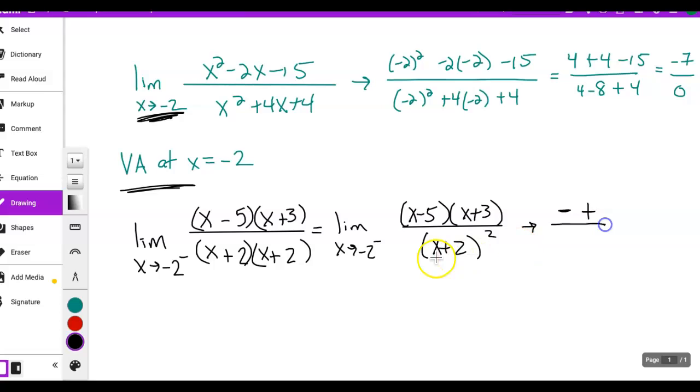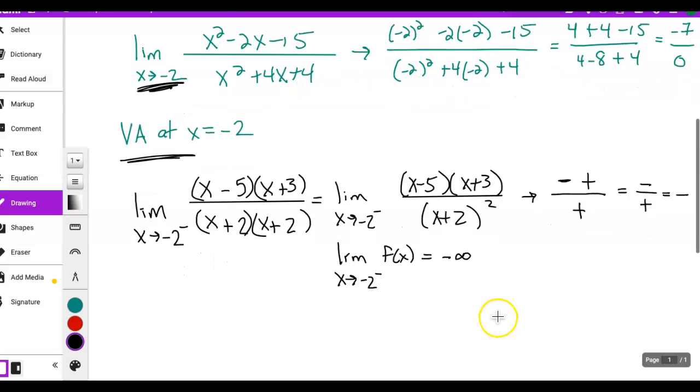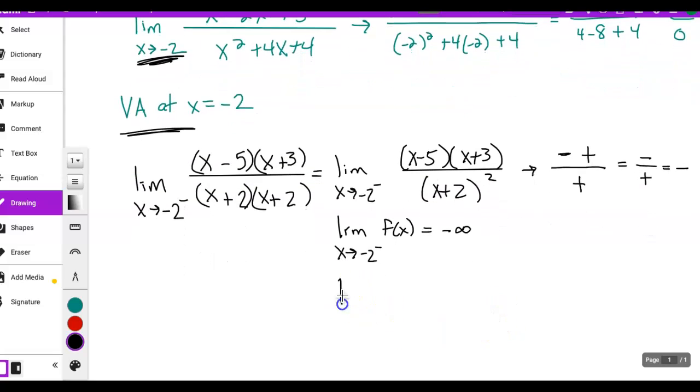The denominator is a quantity squared, so I'm always going to get a positive. So I've got a negative over a positive, and that result is a negative. So that means that the limit as x approaches negative 2 from the left of this function is approaching negative infinity.